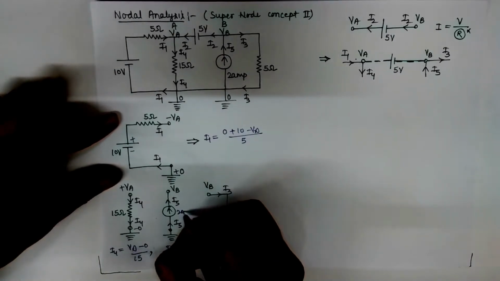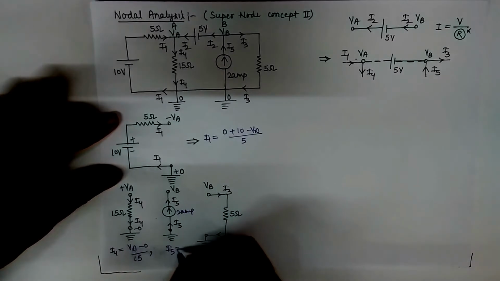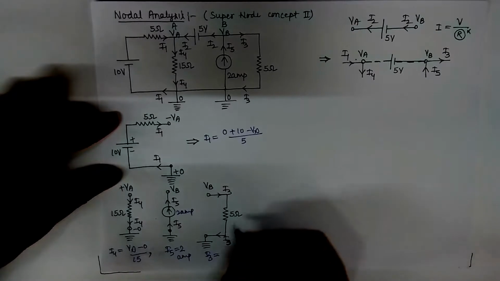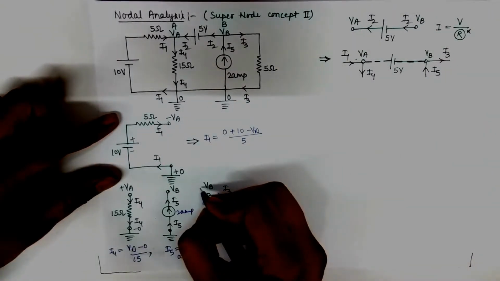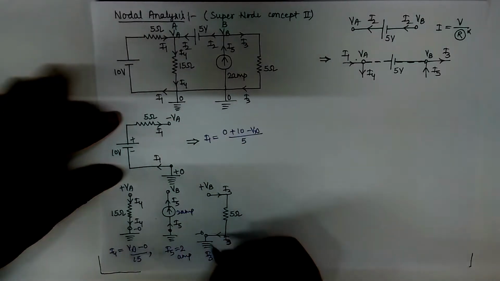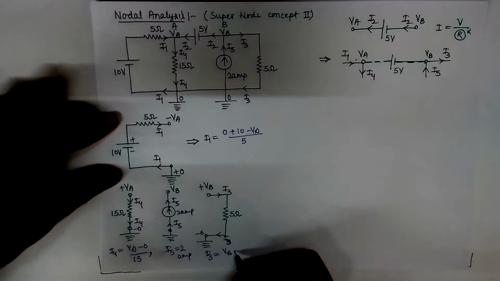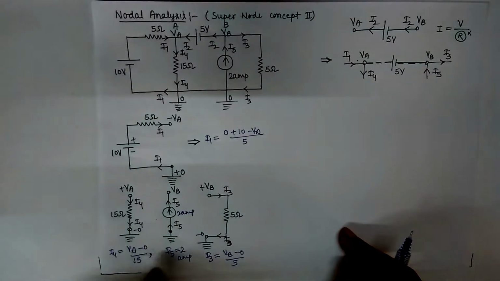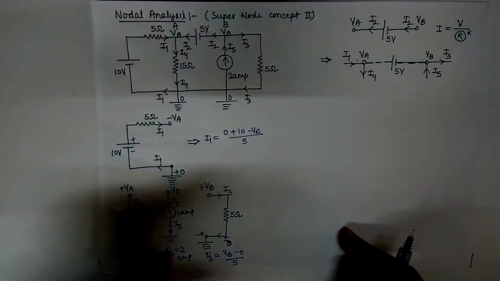I5 is given, this is 2 ampere, and for I3 current is supplied, so it would be positive and negative. So I3 would be VB minus 0 upon 5. So I1, I5, I3 and I4 are shown here.